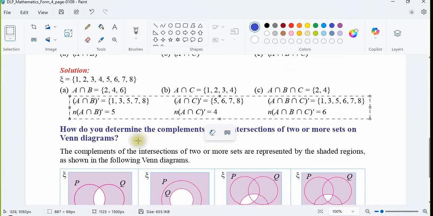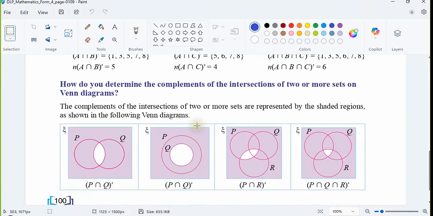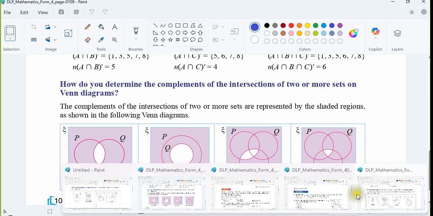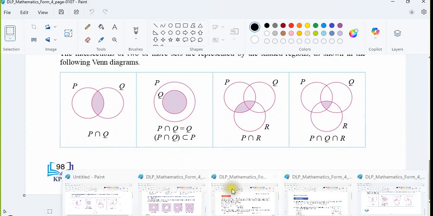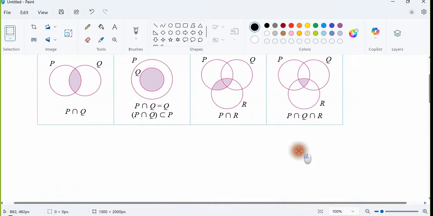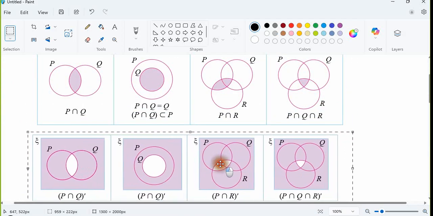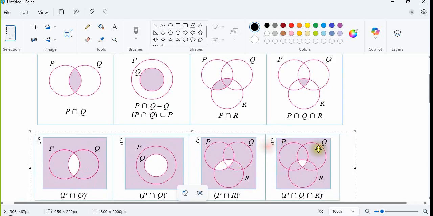Then how do you determine the complement? Outside of P intersect Q, outside of P intersect R, and then outside of this. To understand this part better, we should go back to page 98. We can have a look at these two diagrams combined together.